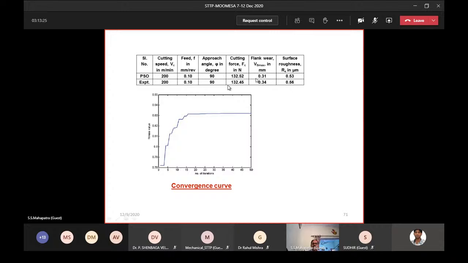Flank wear is 0.31, and the confirmation experiment gives 0.34, and surface roughness 1.53, and the confirmation experiment gives 0.56. So this is one example where we have used the optimization.